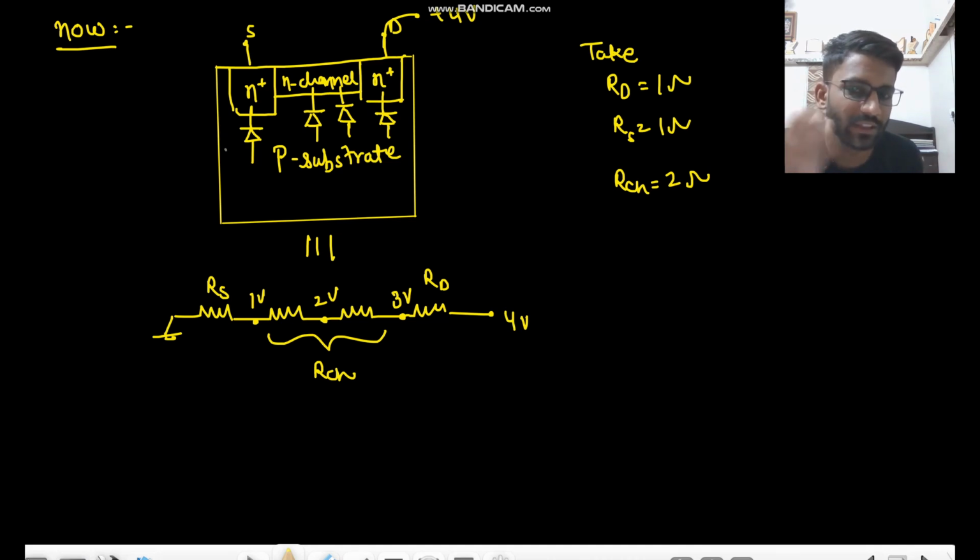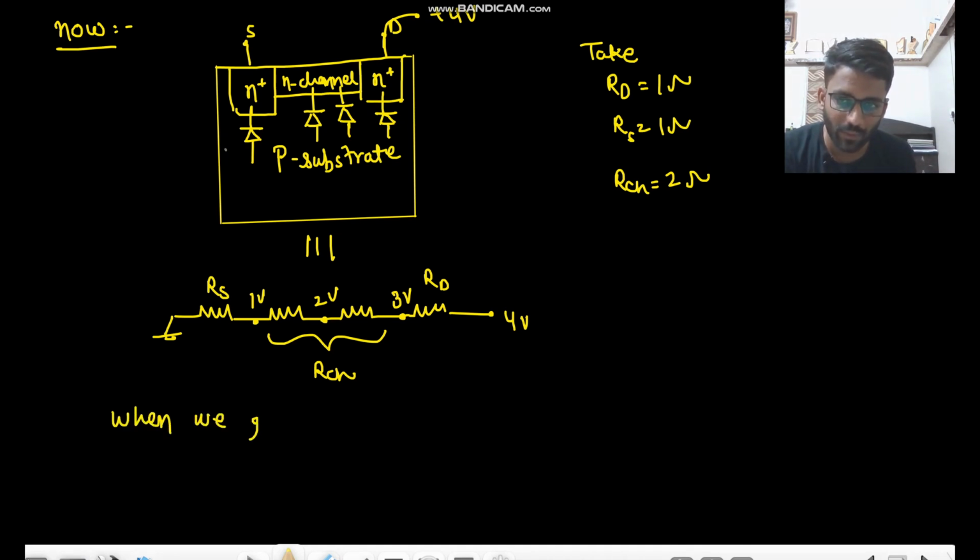It's not there, but you can assume N plus is this terminal and this is P, so you can assume a diode here, right. So now what happens is that if we go from the drain side to the source side, the potential is continuously decreasing.